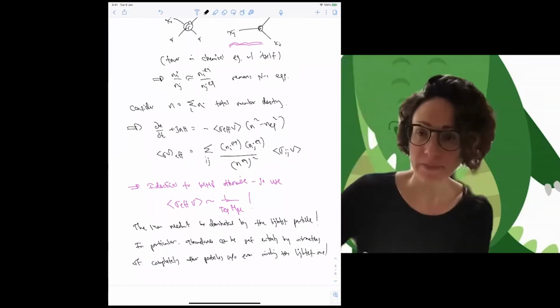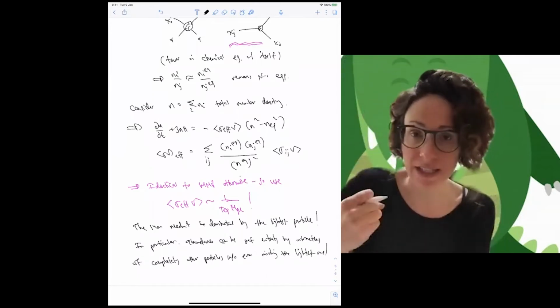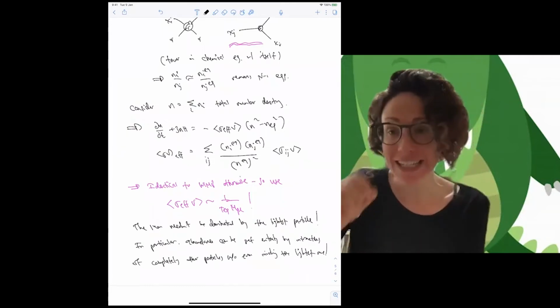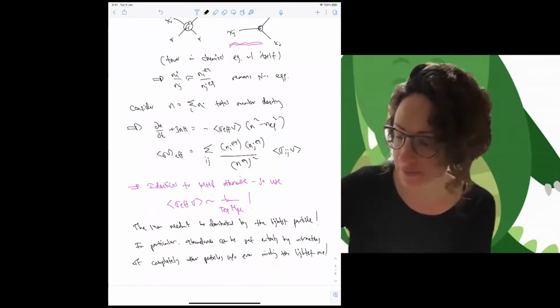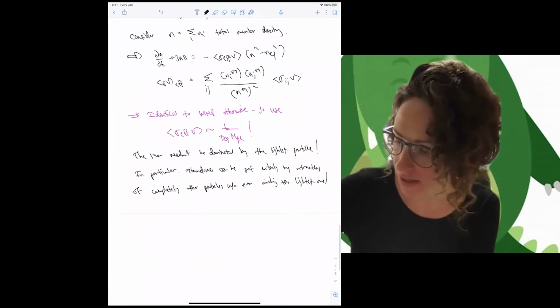Okay? What this means is that our abundance of dark matter can be independent of the interaction strength of the dark matter itself. Okay, so this is really important.